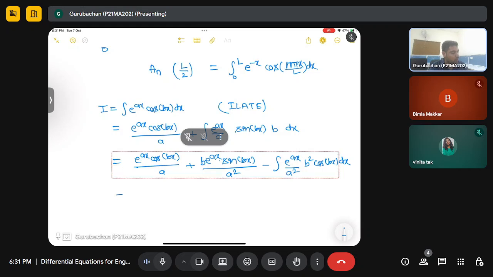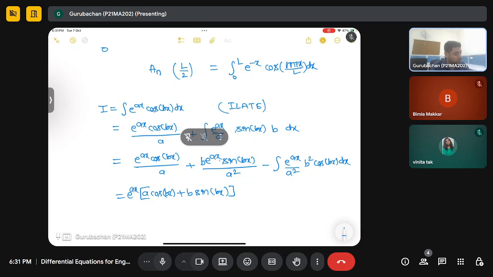So this will give you (a cos bx plus b sin bx), and outside this you can take e to the power ax common and divide by a square.